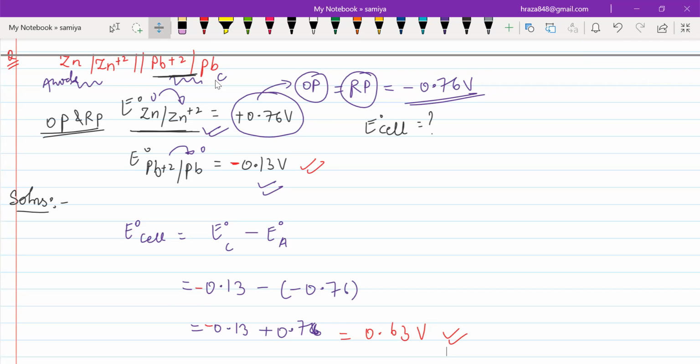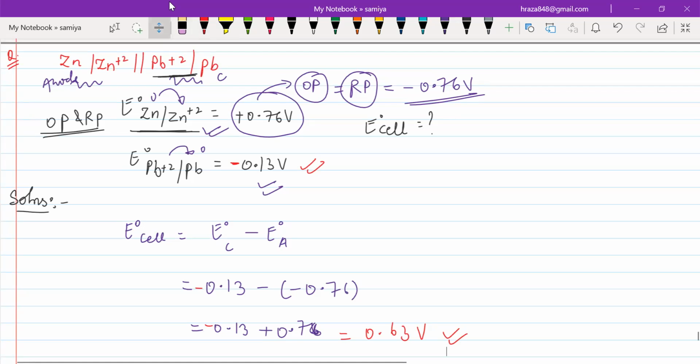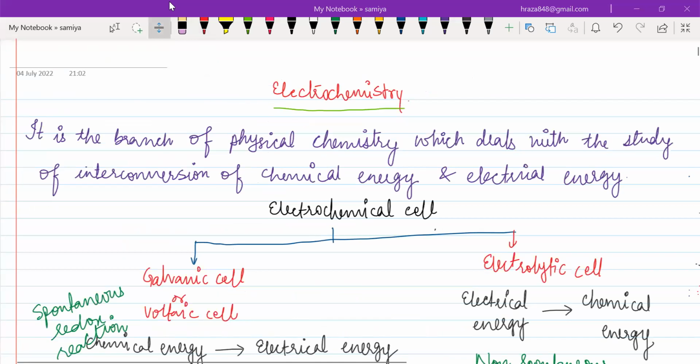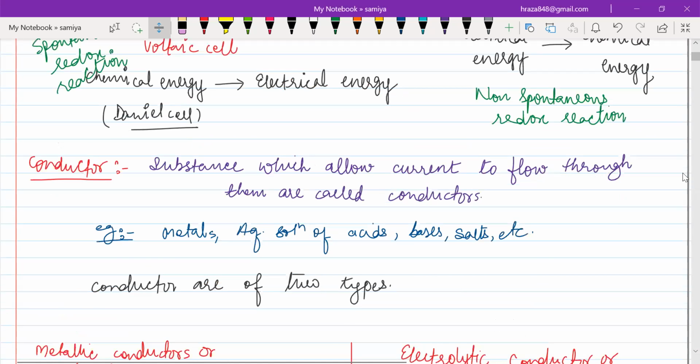Sir, why are we using minus 0.13 here? Wait a minute, I'm not able to hear it. Please speak up. I was asking why we are using 0.13 over here, minus 0.13. Are you talking about lead?